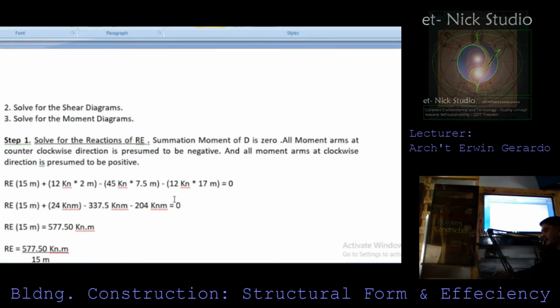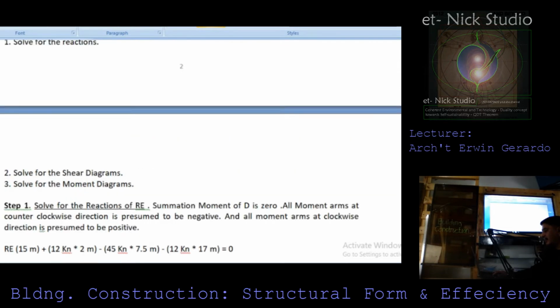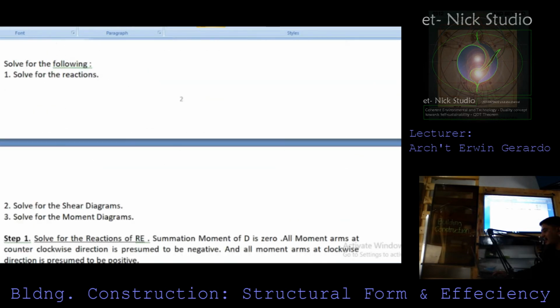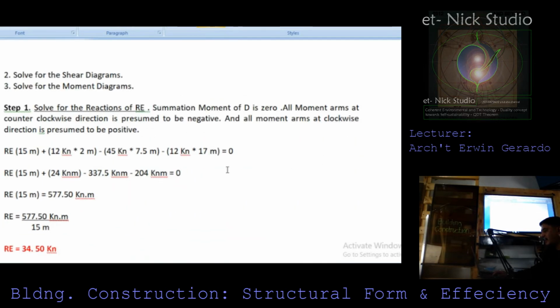And then your 12 kilonewton that has a span of 17 meters is negative. Because this is 15 meters plus 2 meters, it became 17 meters when it reaches this point. That is why the presumption here is negative kilonewton, which is 0.